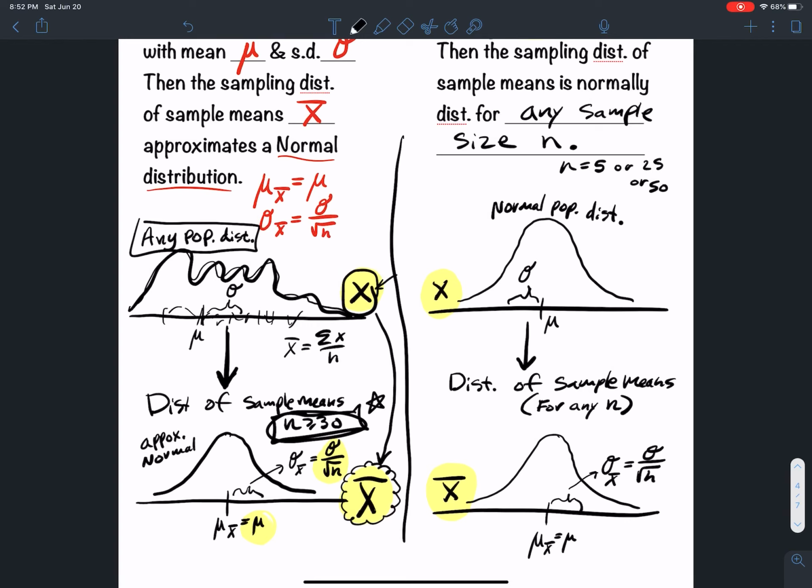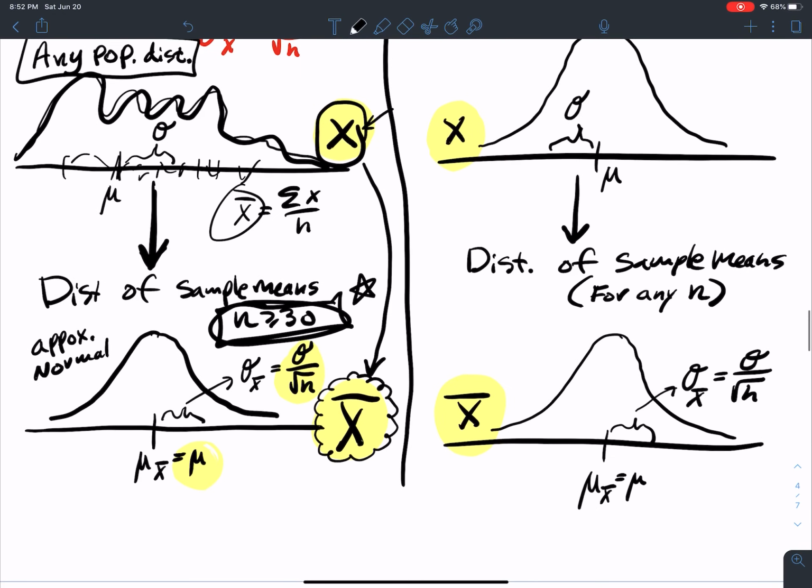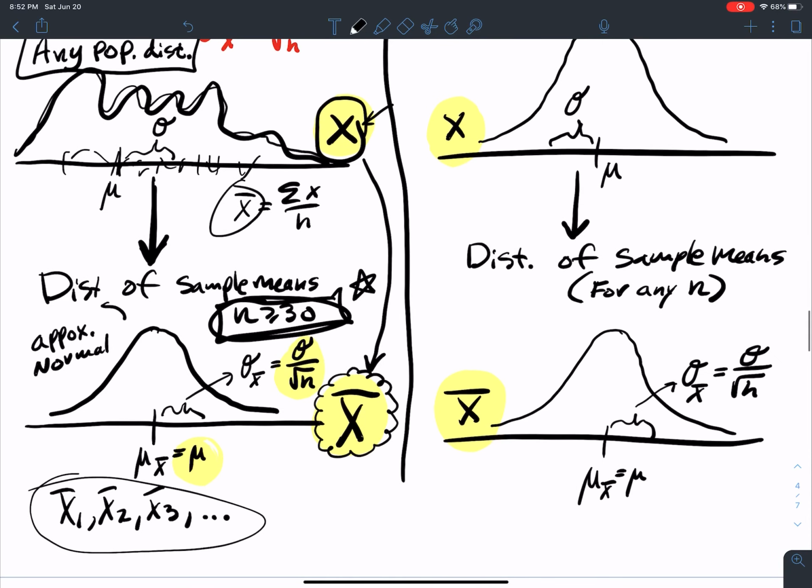Then I do that over and over and over again, and I develop some sample mean distribution. So x bar 1, x bar 2, x bar 3, x bar 4, and so on, for as many sample means as I need to form my distribution here.